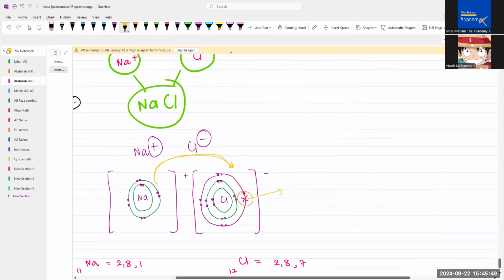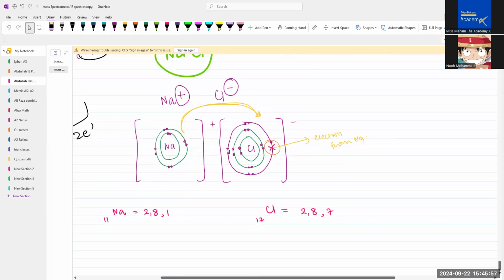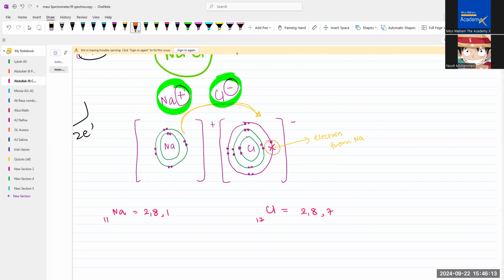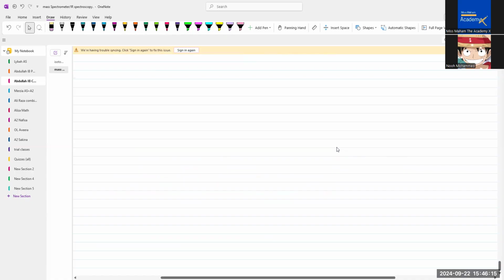Now this electron is from sodium, right? Miss, I have a question. For ionic compounds, in the exam, will they tell us which one has a positive or negative charge? As in, you mean sodium and chlorine? Yeah. No, they won't tell you. I remember I explained to you about ions.